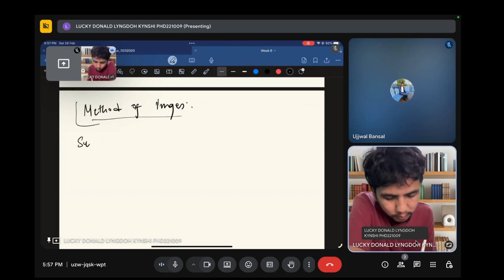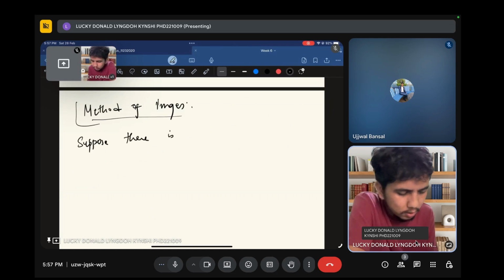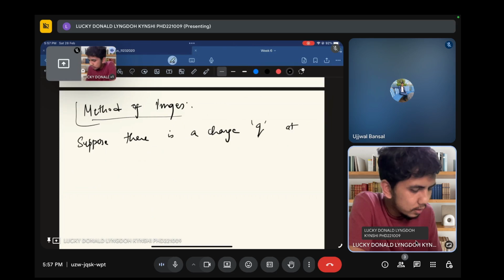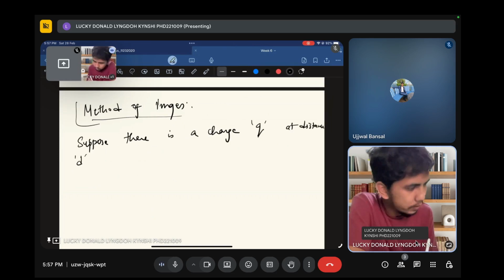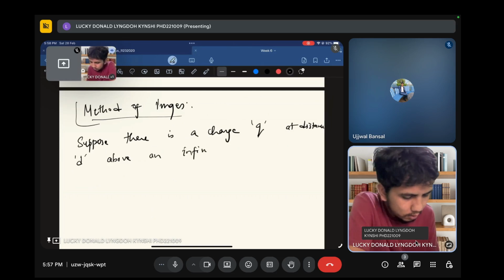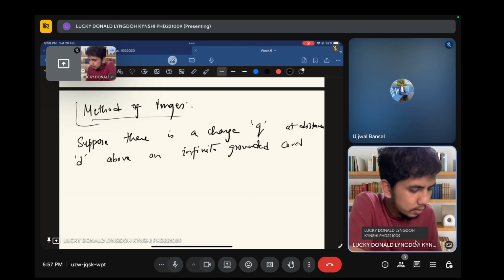Suppose there is a charge Q at a distance d above an infinite grounded conducting plane.